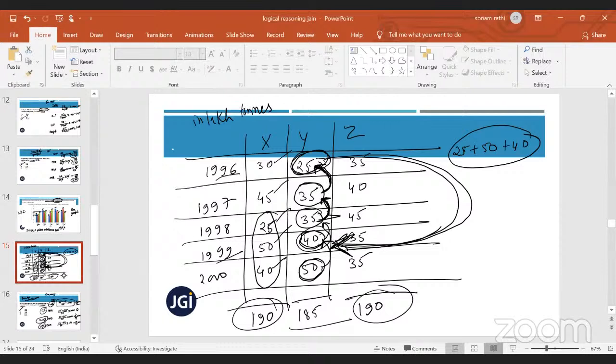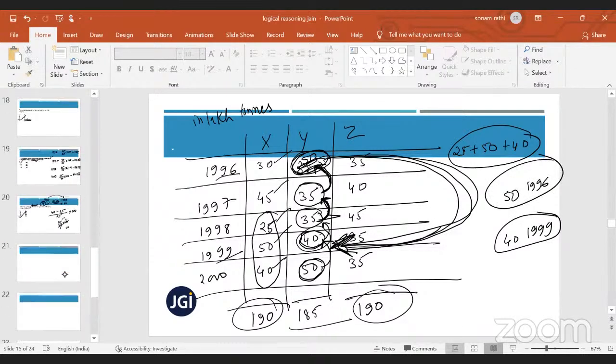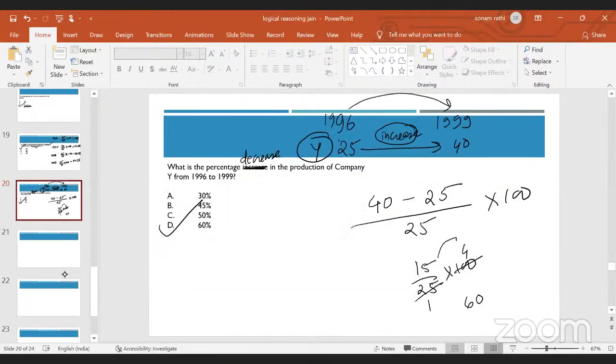Let's say it is given to you 50 here and this is 40. So from 50 to 40, it is happening. Let's say 1996 was 50 and 1999 was 40. So how to do this question? Instead of increase, they will say decrease. So from 50, it is becoming 40.